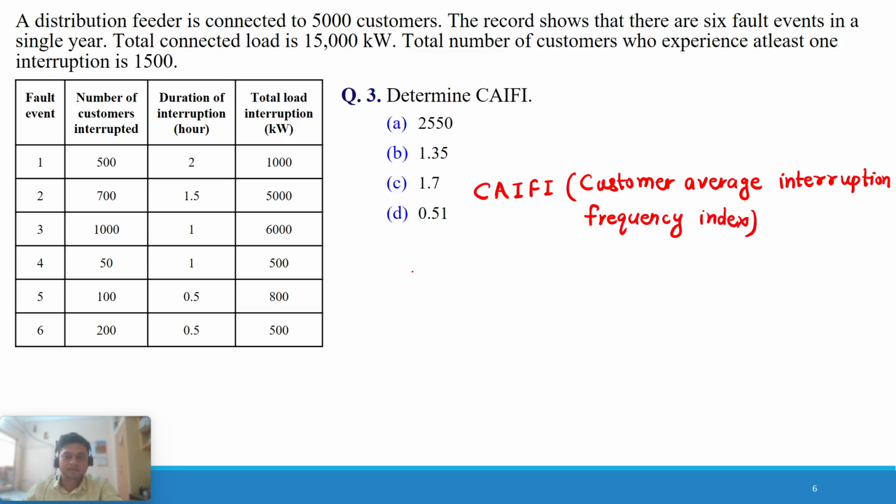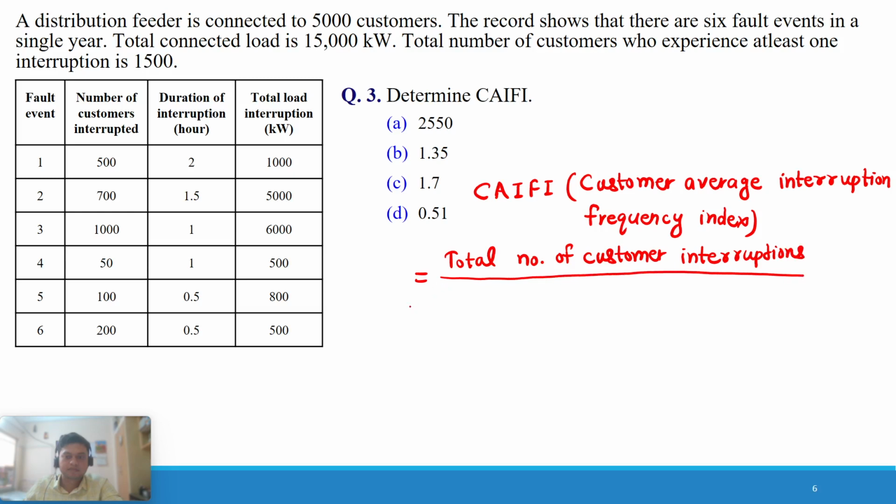So it is defined as total number of customer interruptions divided by total number of customers interrupted.